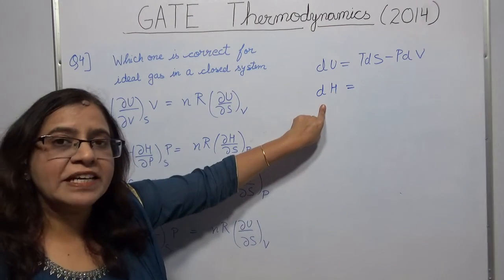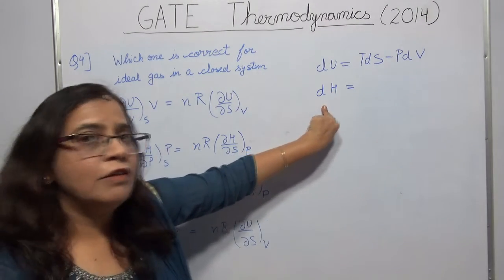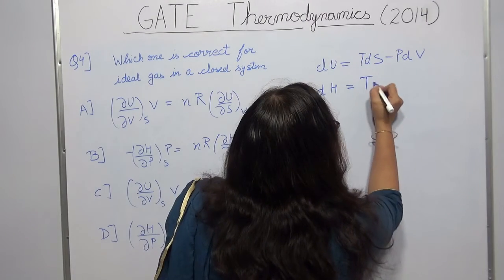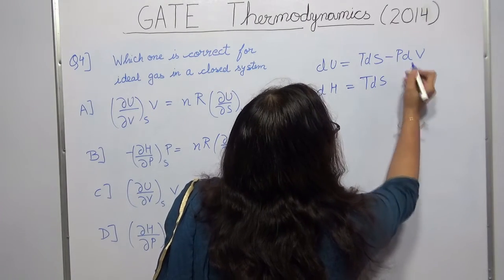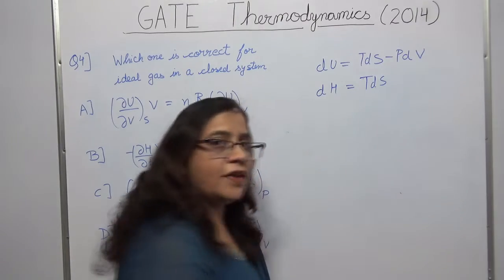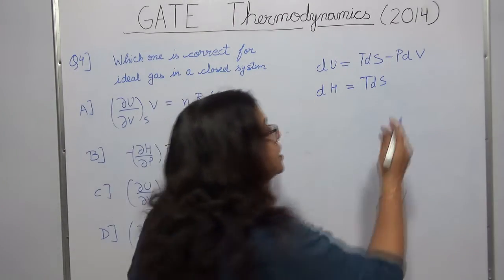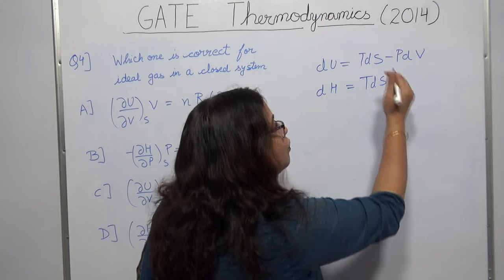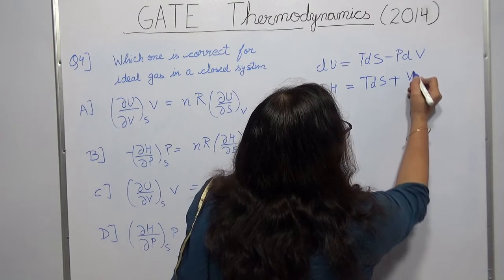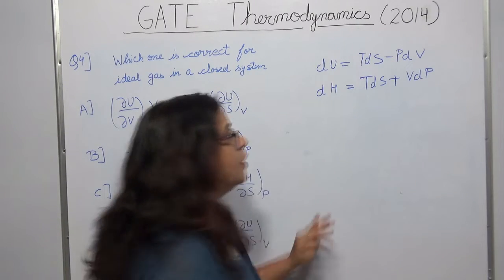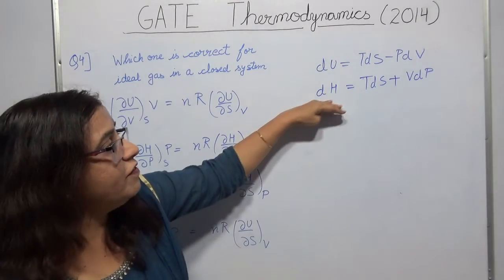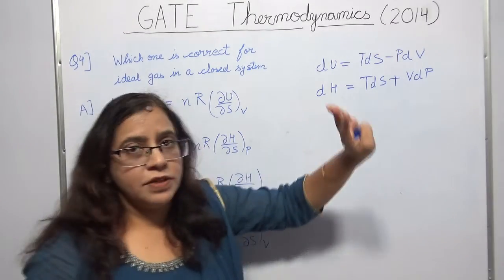H is obtained by the Legendre transformation of V to P. I have told you the shortcut: if you are doing a Legendre transformation and converting your variable V to P, you change the sign and switch the variables. This is the simplest way to remember all these equations. So I have dH is equal to TdS plus VdP.